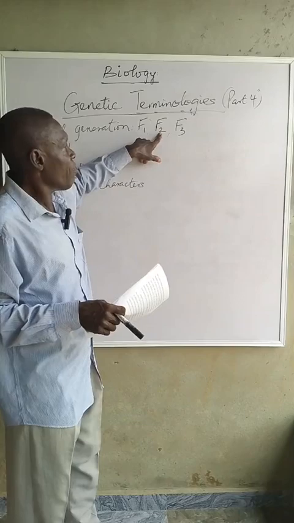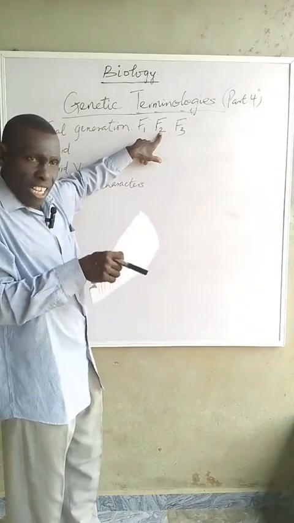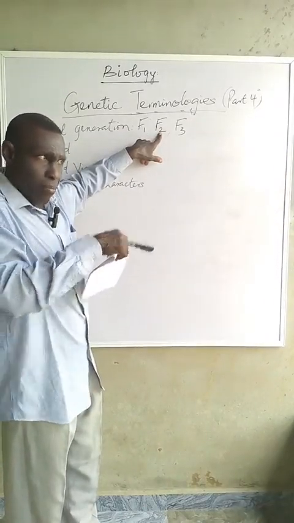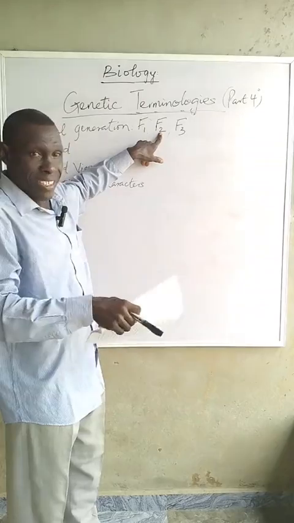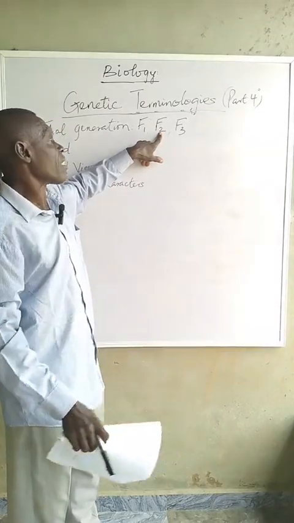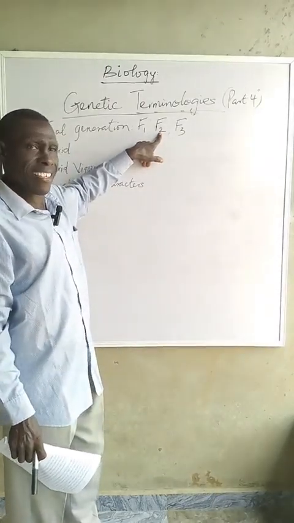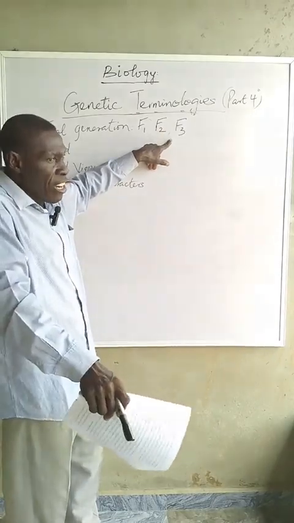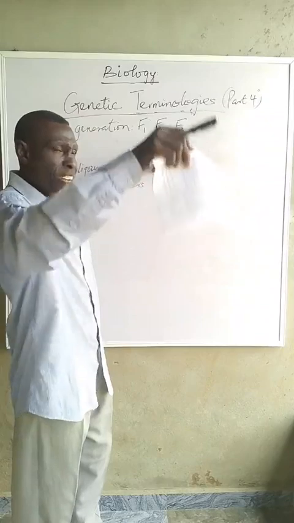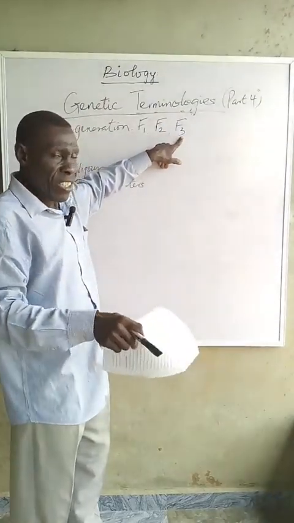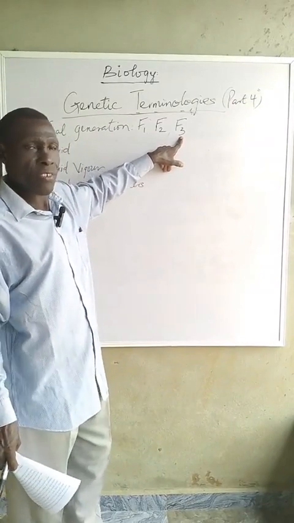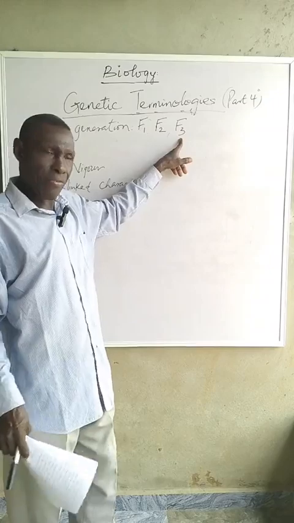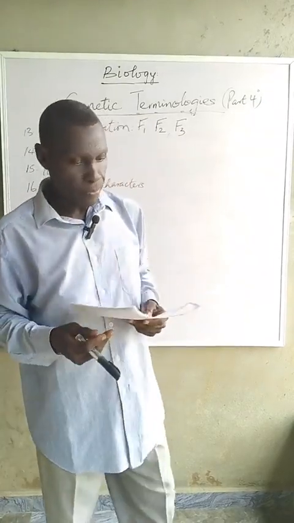Then the second filial generation: if those children marry and give birth to children, that means the grandchildren, that is the second filial generation, F2. If those grandchildren marry and give birth to other children again, that is the great grandchildren, if you want to call it that way, and that's called the third filial generation, F3. That is how we denote them.